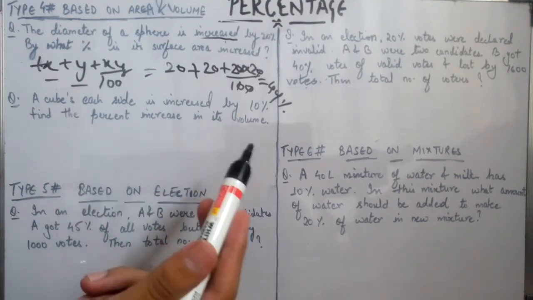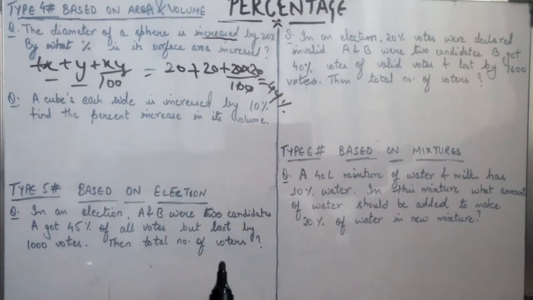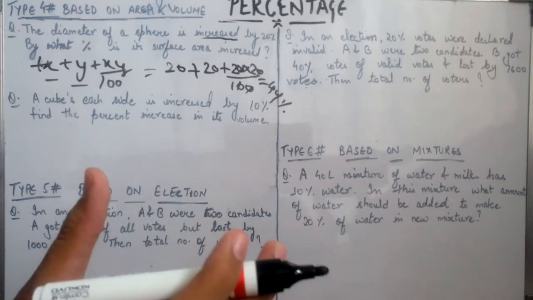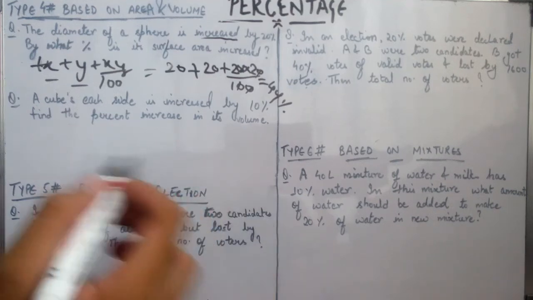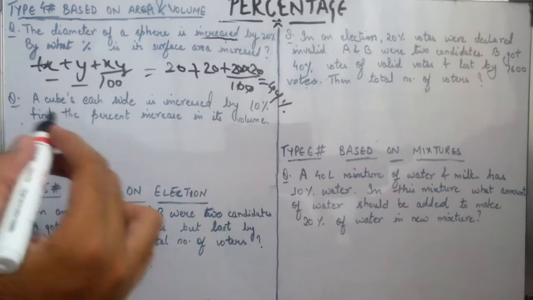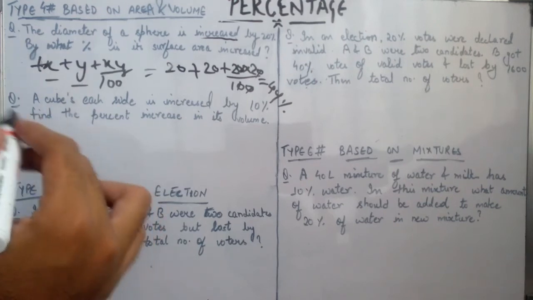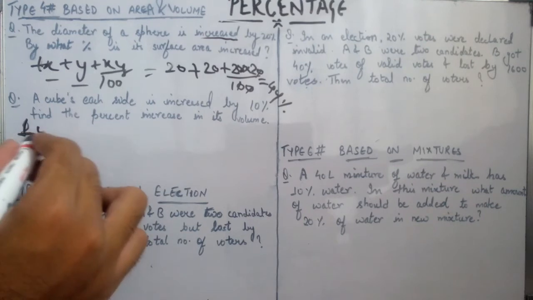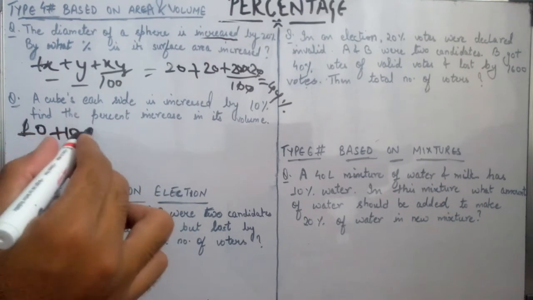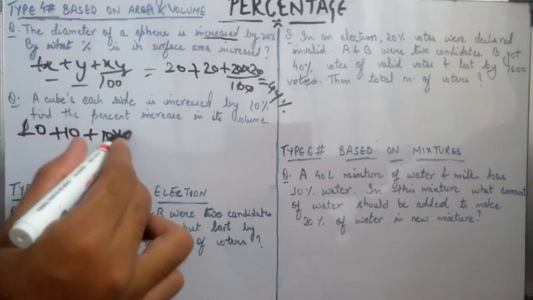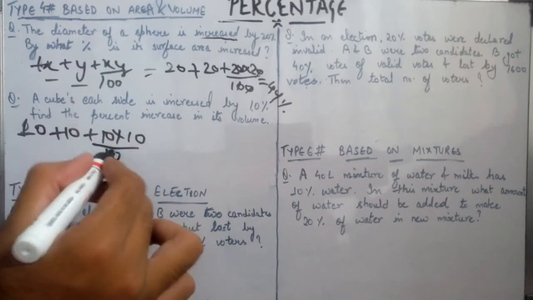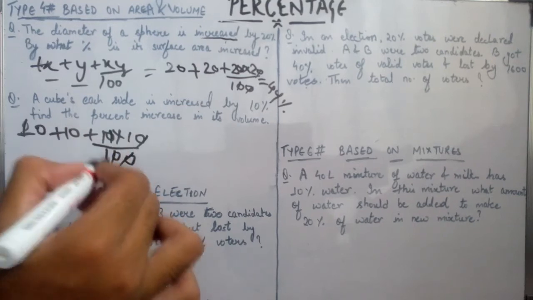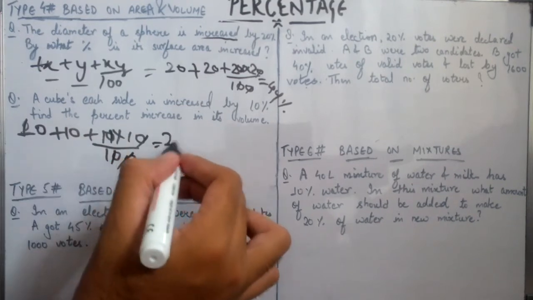Coming to the next question: a cube's each side is increased by 10%. Find the percent increase in its volume. Previously I told you questions on area, but now the question is on volume. Volume means a 3D shape. We follow the same procedure: first 10 plus 10 plus 10 into 10 upon 100, which gives 21.